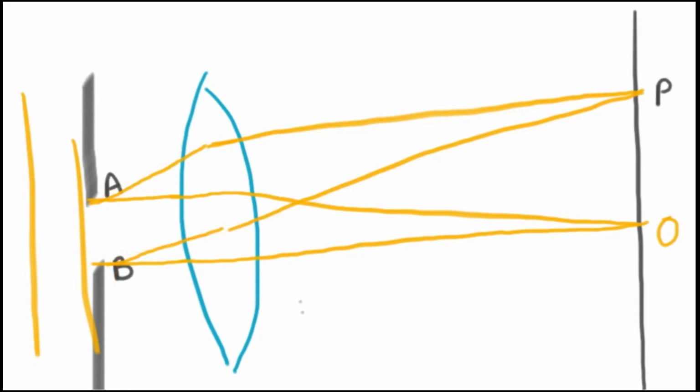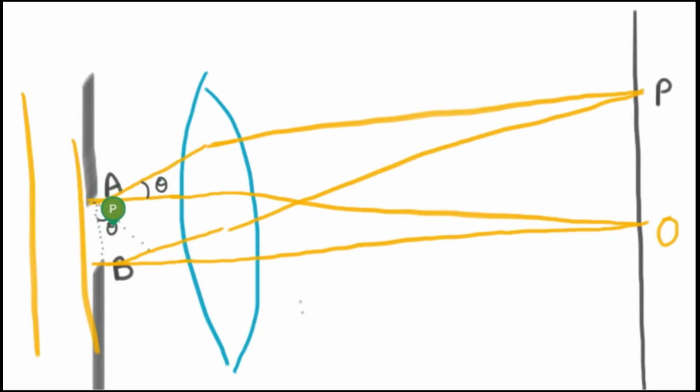Fine. If I say the amount of bending of the light is theta, if the light bends by an angle theta, so consider an angle theta here also.